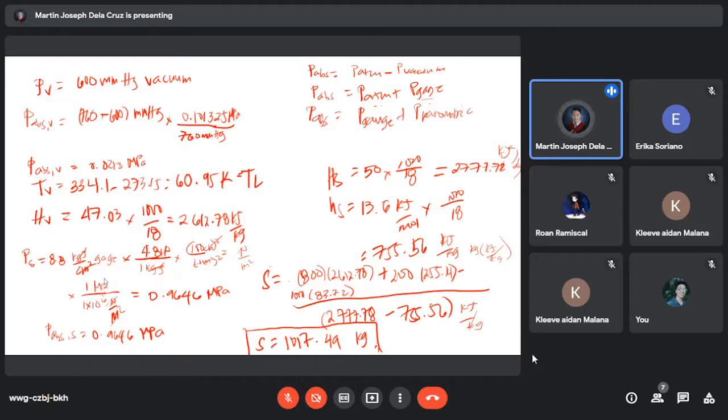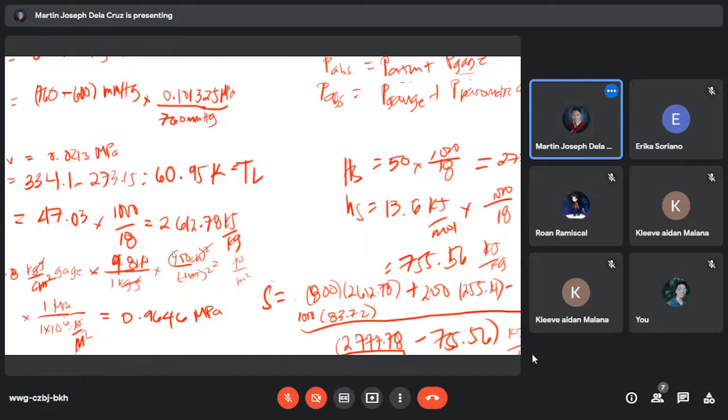Sorry, class, no? So, 9.81 pala to, class. So, di ba pag times mass times acceleration, we use 9.81. And then, plus, naka-gauge pala tayo dito.